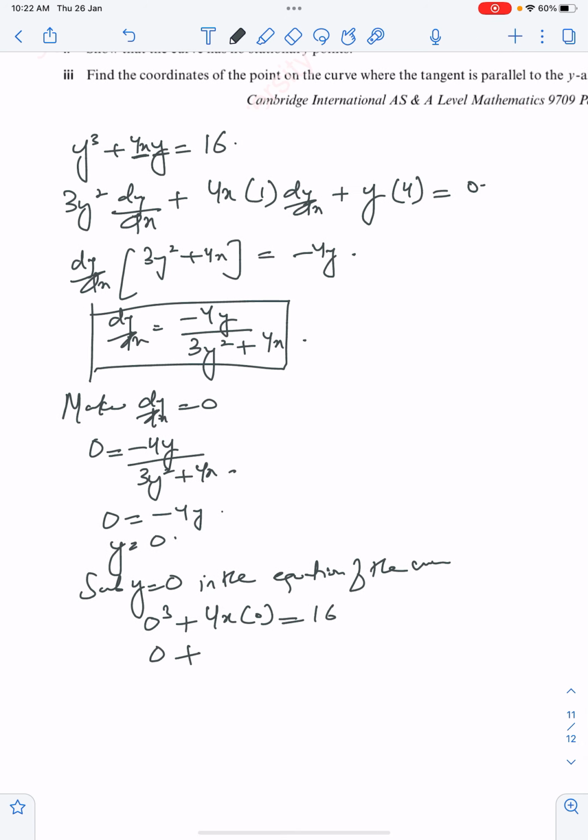Now anything multiplied by 0 is 0. It's cancelling out. You're not left with any x. So the curve has no stationary point.